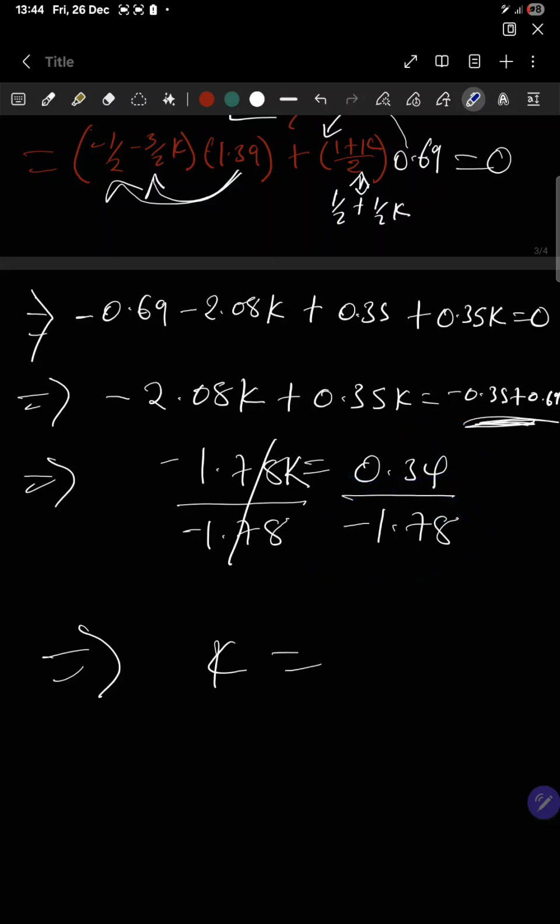So you are going to have 0.34 divided by negative 1.78. Okay, so your final answer will be negative 0.19. All right, so this is the value of k.